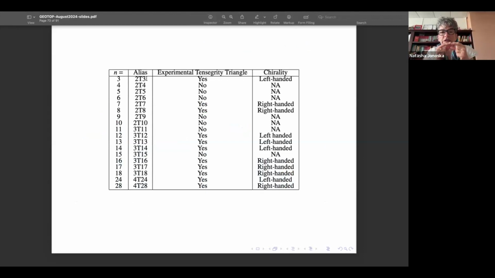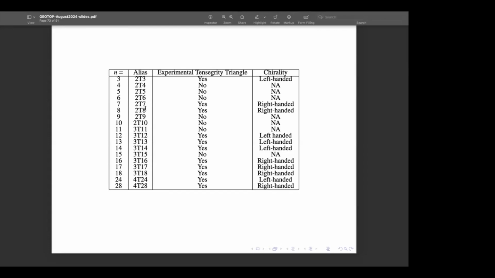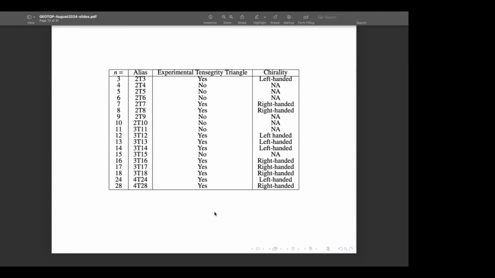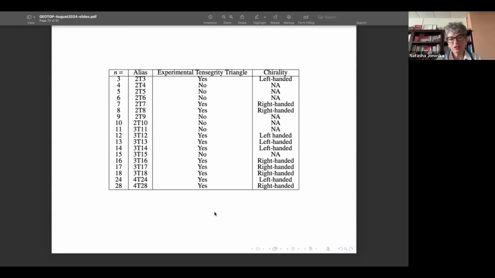It's so tiny, but still you end up with a triangle. But 4, 5, 6, no. 7 and 8, yes, but it's right-handed, not left-handed like 3. Then 9, 10, 11, nothing happens. 12 through 14, left-handed. 15, nothing happens. Yes, it was very interesting.